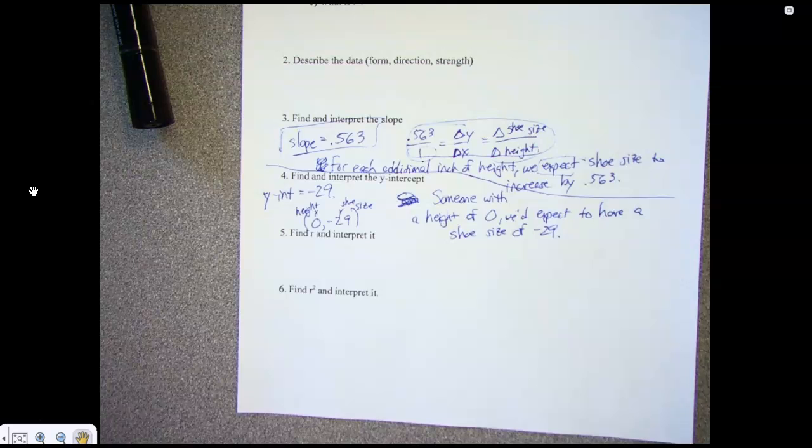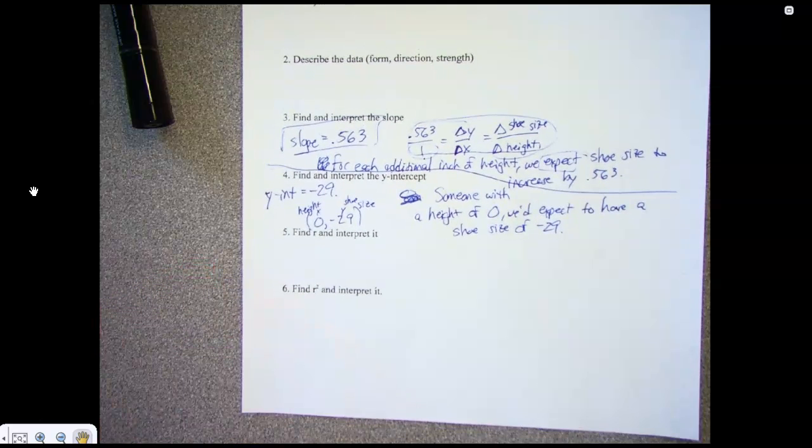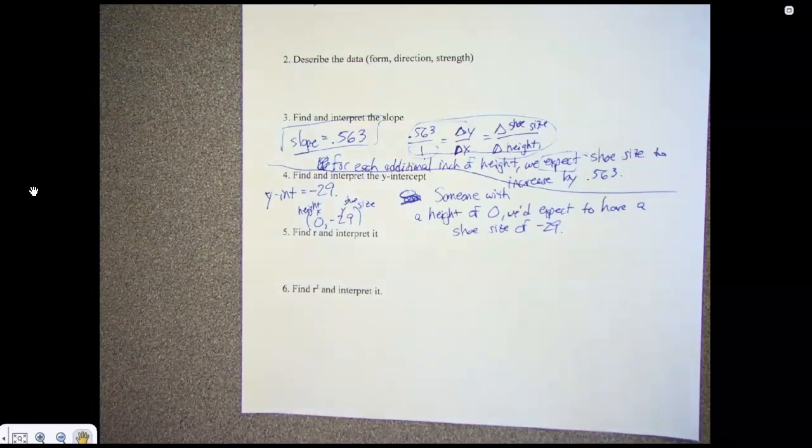And then sometimes on the AP test, they'll follow it up and say, does this make any sense in a real life context? And you think, no. A height of 0, even Riley's taller than that.